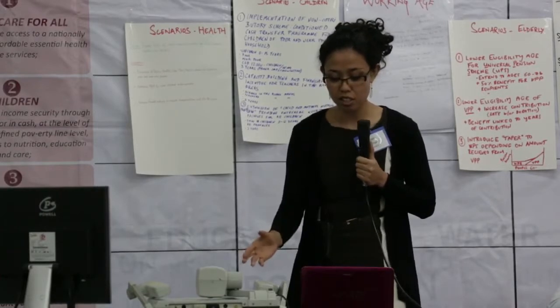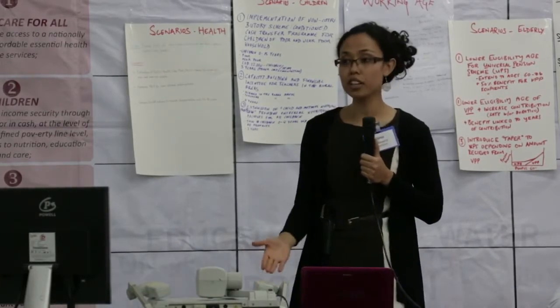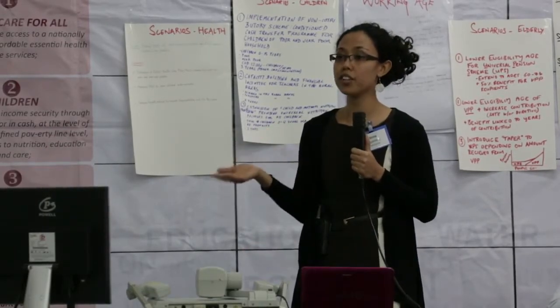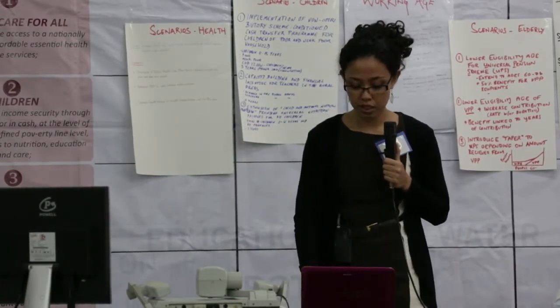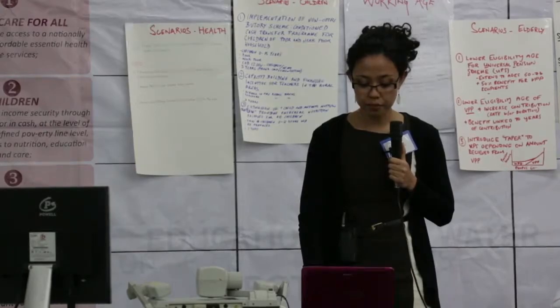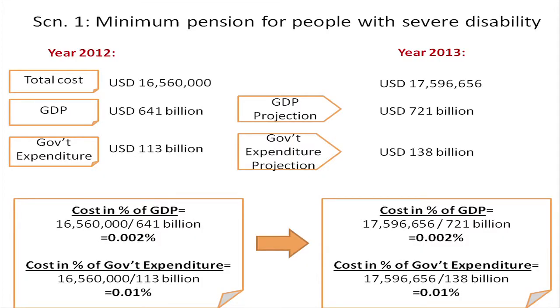And then you have the total cost of the following year based on the new figures that we produce. The next step is you want to see how much it costs in terms of percent of GDP and in terms of percent of government expenditure. Then you have the total cost this year, GDP this year, government expenditure this year.